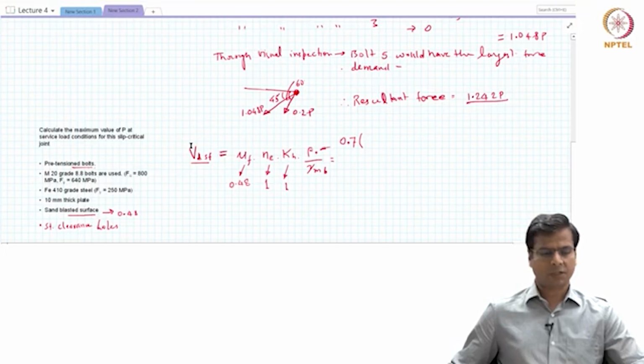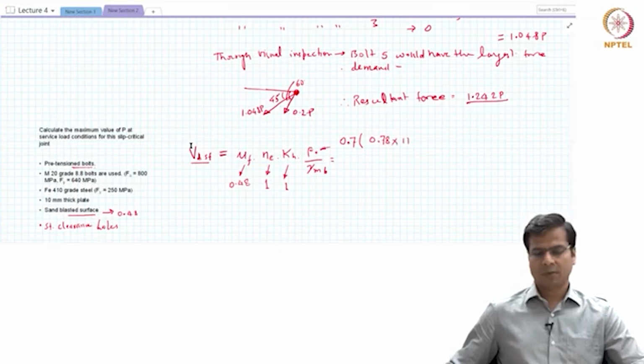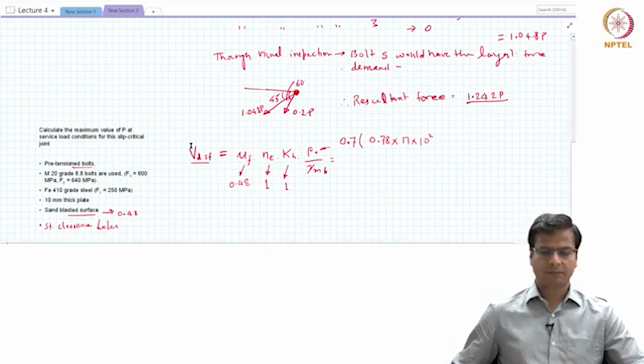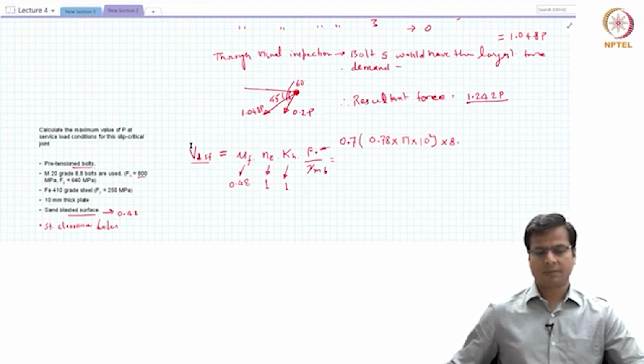First we need to calculate the net cross section area, which is 78% of the gross cross section area, pi multiplied by r squared, that is 10 squared. This is the area multiplied by the ultimate stress capacity, that is 800 MPa. So this part is the ultimate load capacity of the bolt. Multiplying it with 0.7 makes it the proof load.